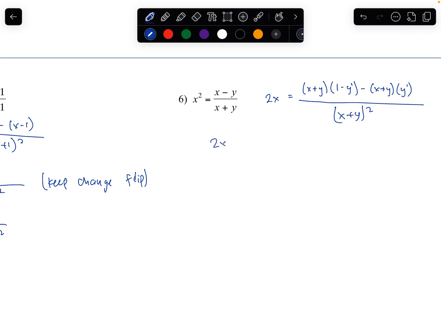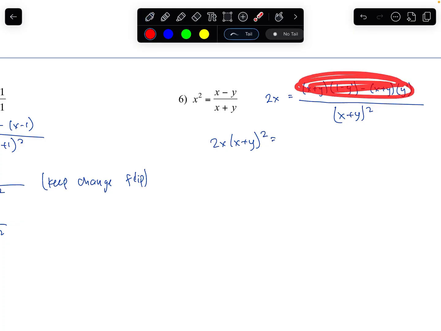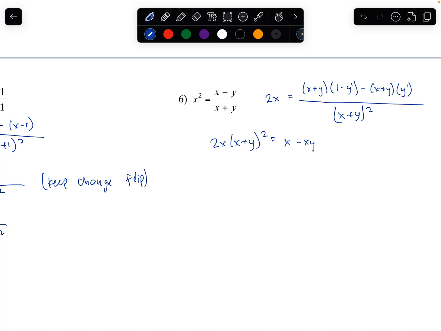So we get 2x, we'll get x plus y squared equal to, and then I'm going to distribute and kind of mess with this right here. We'll have x, and then we'll have x minus xy prime, then plus y minus y prime, and then the y prime and x, but it will be negative, so minus xy prime, and then minus y prime when I multiply that with, and then the negative right there.